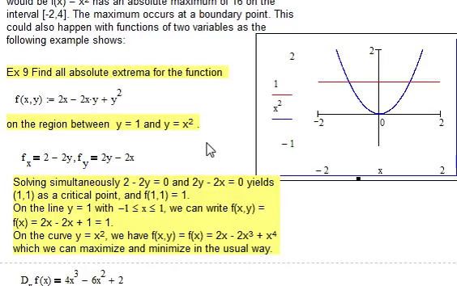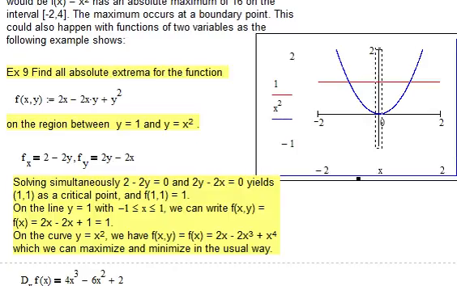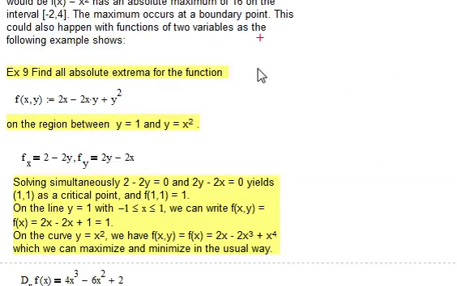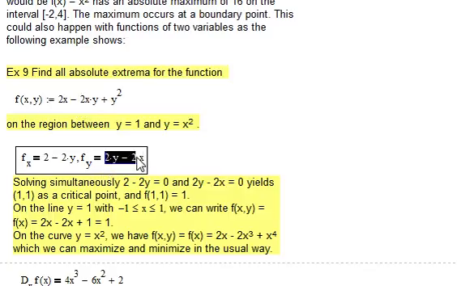Actually, the first thing we should do is look at these partial derivatives. The partial with respect to x is 2 minus 2y. The partial with respect to y is negative 2x plus 2y.